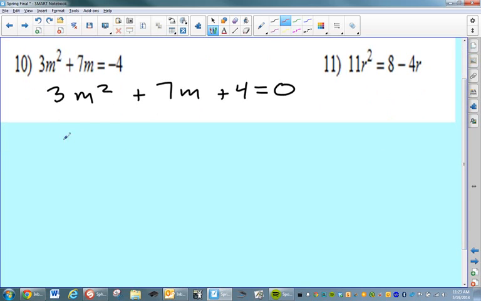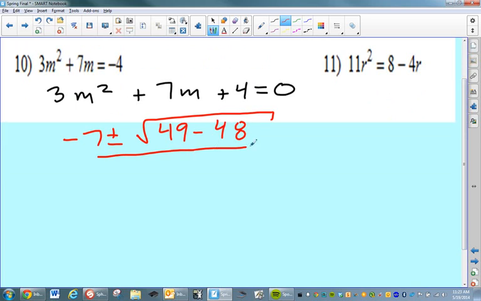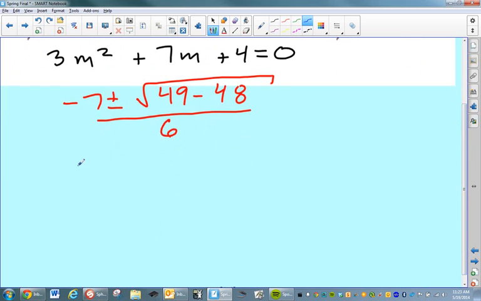So I get the opposite of b plus or minus the square root of b squared, that's 49, minus 4 times a, that's 12, times c, that's 48, all over 2 times a. Then with negative 7 plus or minus, well, 49 minus 48 is 1. And the square root of 1 is 1 over.